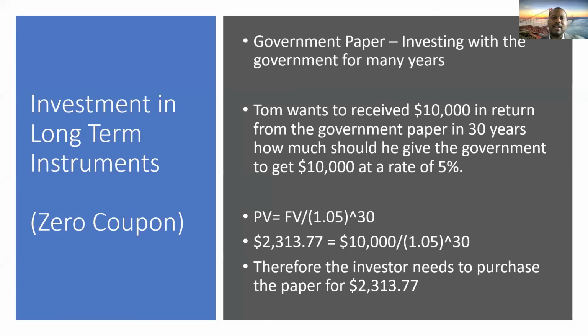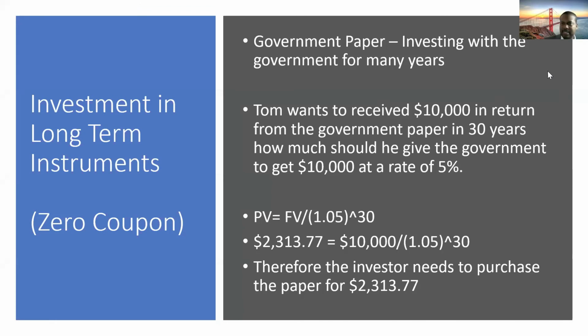Okay. Now we can move forward into looking at government papers or long-term instruments in that regard. So investing in government papers, or we would say bonds in some instances, or gilts in the UK scenario here.